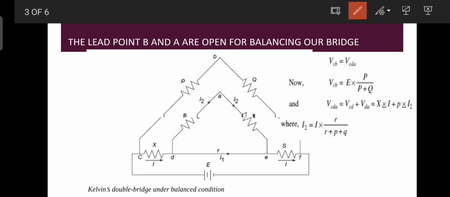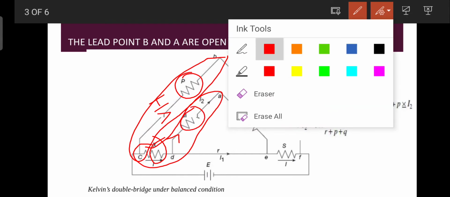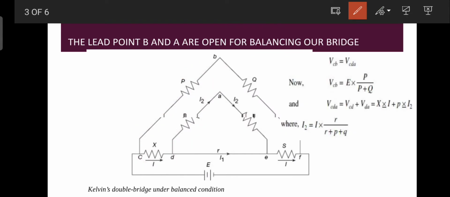Here is the VCV, that resistance into that current is the VCV, and VCDA, that is another voltage, that is I into X, and that current into small p. So VCV is equal to VCDA.